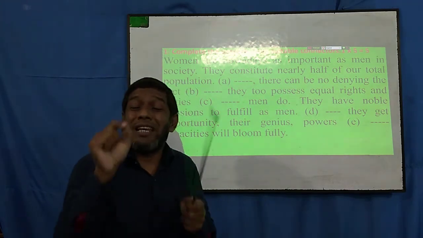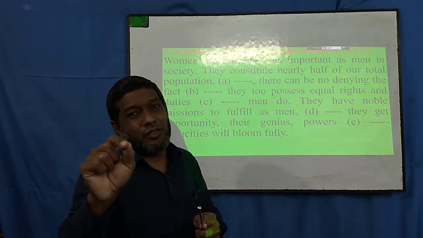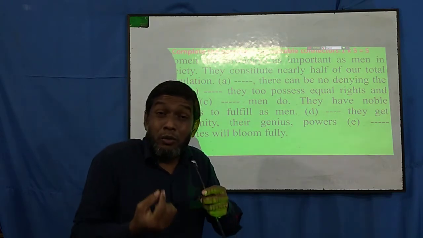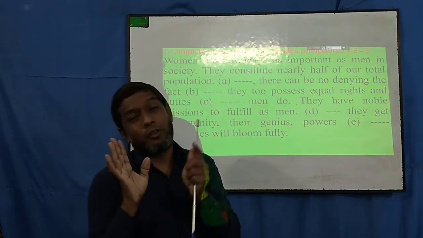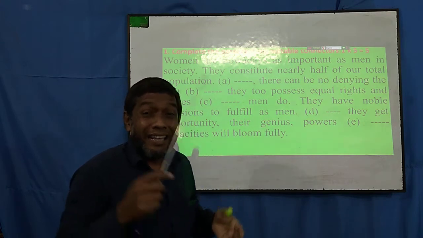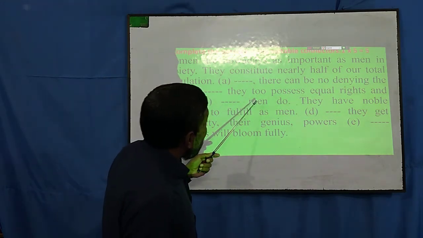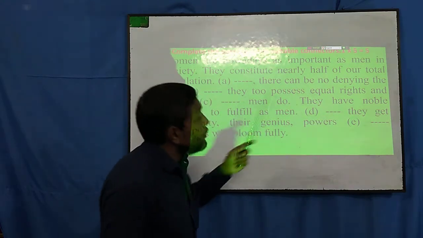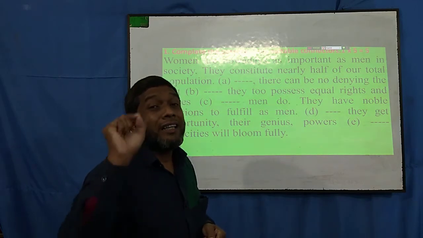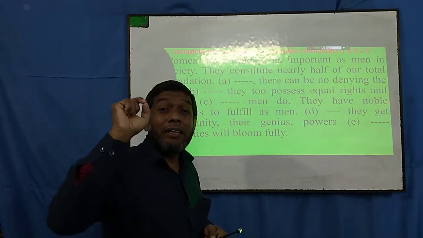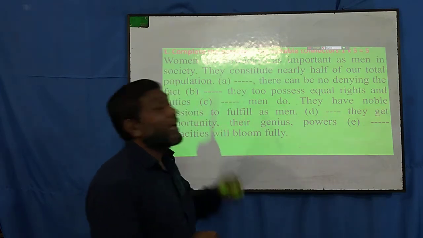As a student, you must find out where you are going to use the sentence connector. Are you going to use it between two words, two phrases, two clauses or two sentences? If you can find out and understand where you are going to use these sentence connectors, then it will be easy for you to select the appropriate sentence connector to be used in the gap.